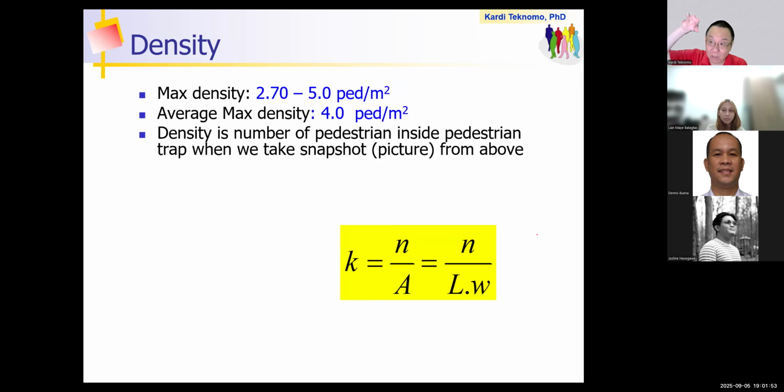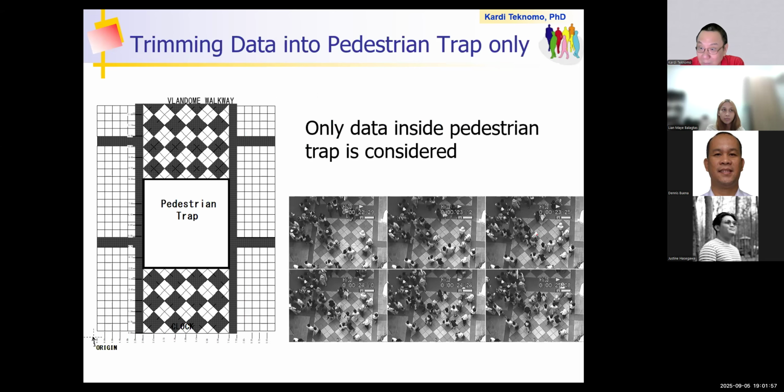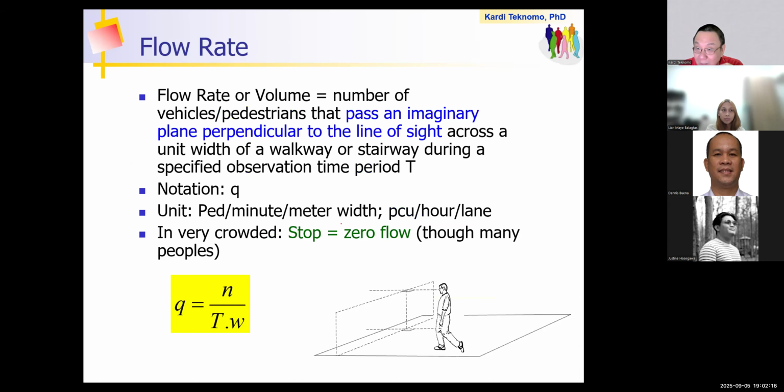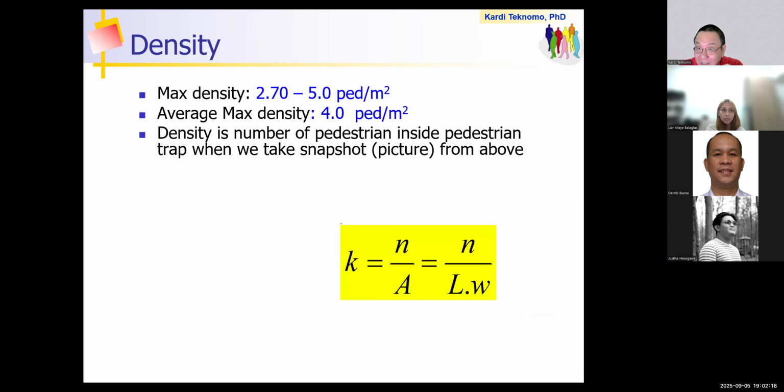That means from the top view you take a picture, similar to this example. I put the snapshot and count the number of people in this particular snapshot. If you use a drone, you can take the picture from the top, and then you get density.